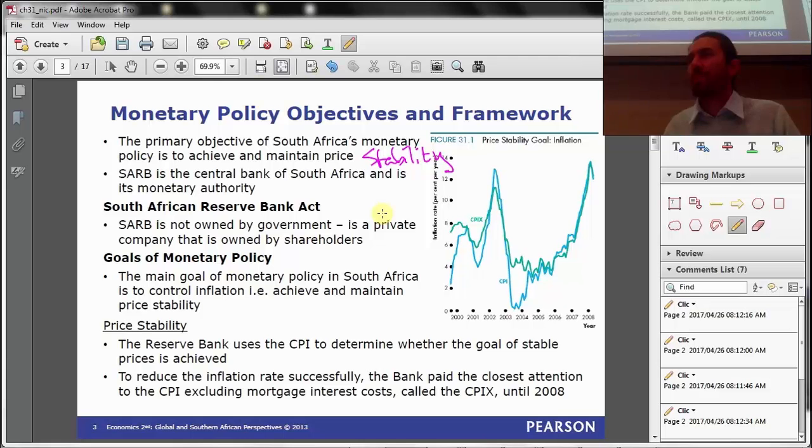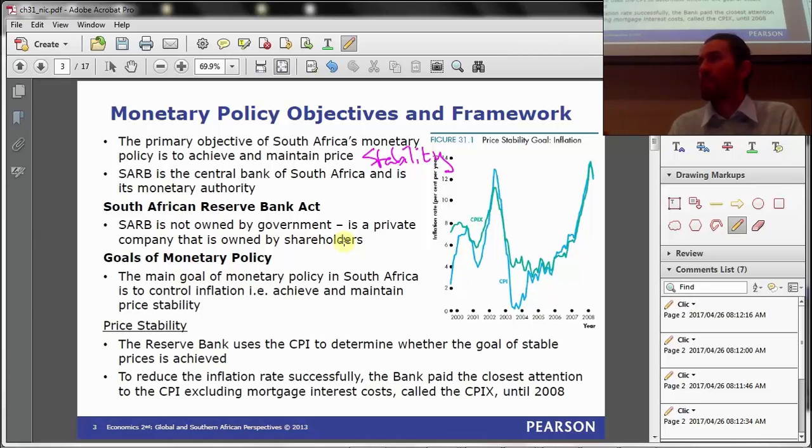So even if shareholders could band together to try and influence policy, they don't have enough control of the board to do that. Okay? So shareholding is really just a symbolic thing, and what it symbolizes is that the Reserve Bank is independent of the executive.